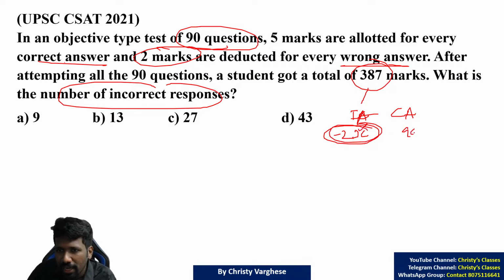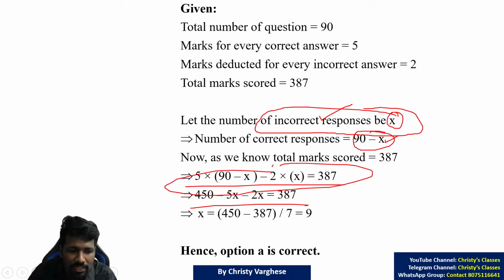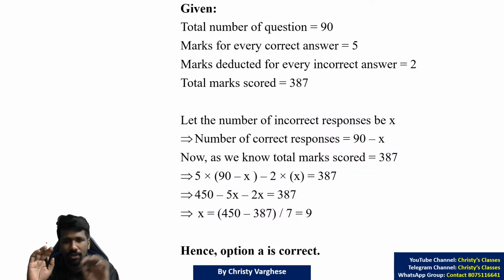And correct answers, 90 minus x are there. 1 correct answer is 5 marks. So 5 into 90 minus x. Adding this up, you will get the total marks obtained. That is 387. So that is this equation, and solving that you will get the answer. This is the direct method. All of you are clear about the direct method, na?